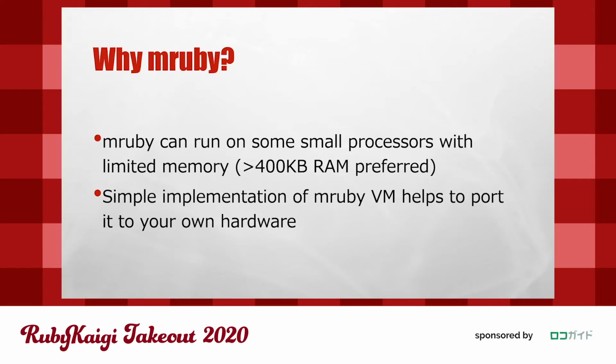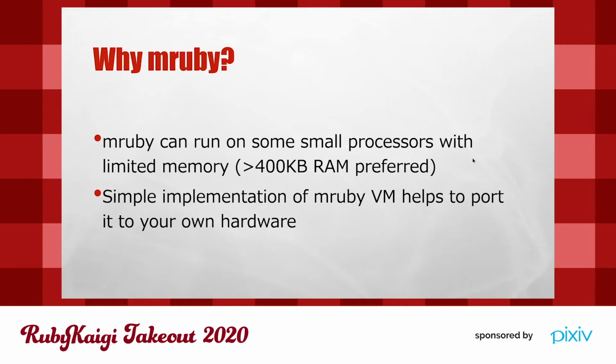As I mentioned, I use mruby. Why mruby? mruby can run on some small processors with limited memory. In general, mruby requires more than 400 kilobytes of RAM. Also, the mruby virtual machine has a simple implementation. This helps to port it to your own hardware.